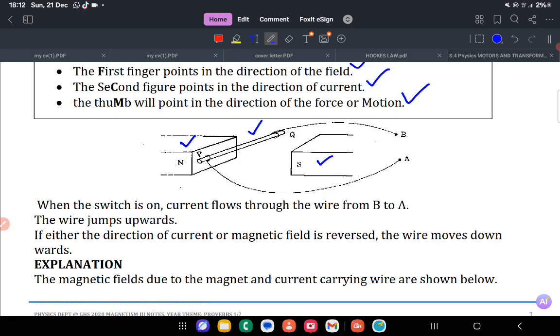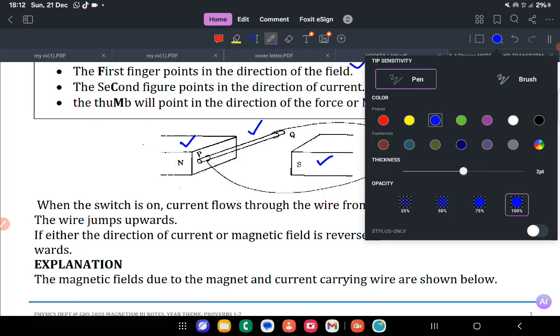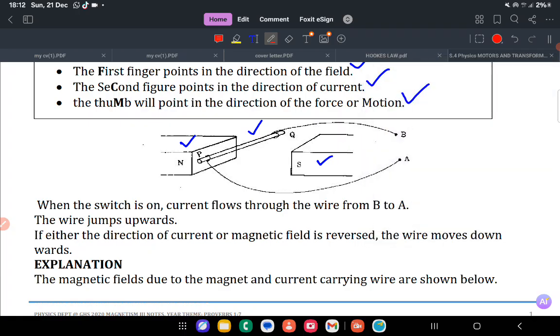So remember, between the two magnets there is a field, which we can use lines to represent. So there's a field. And the wire, the conductor, is passed between these two poles of a magnet.